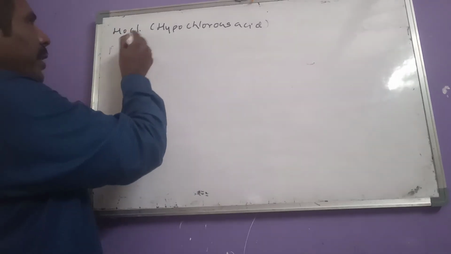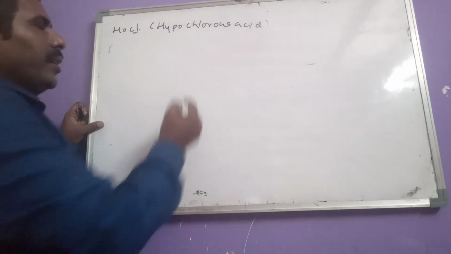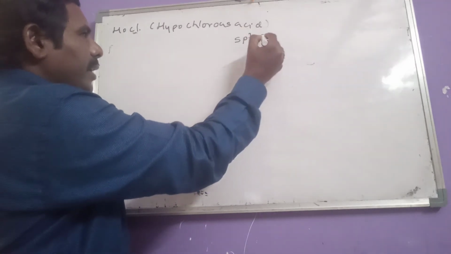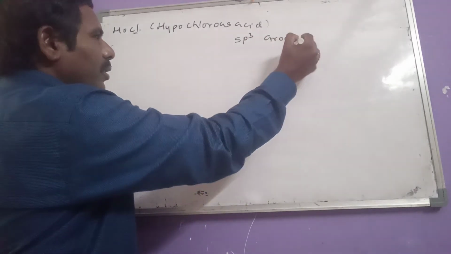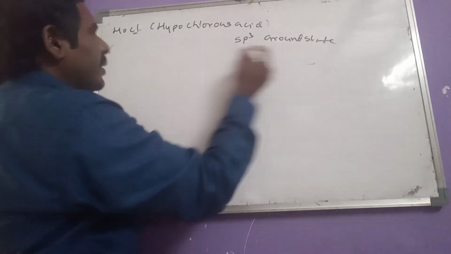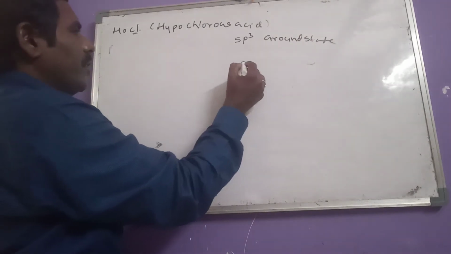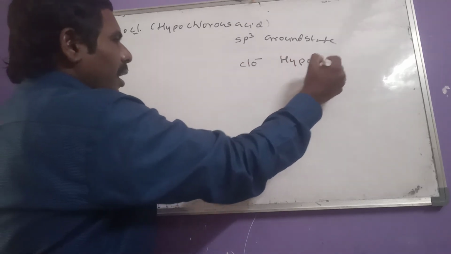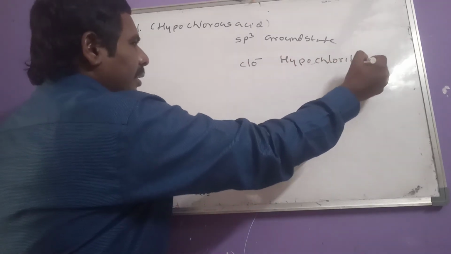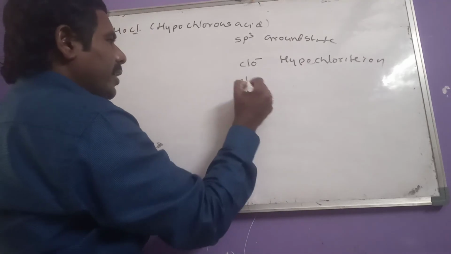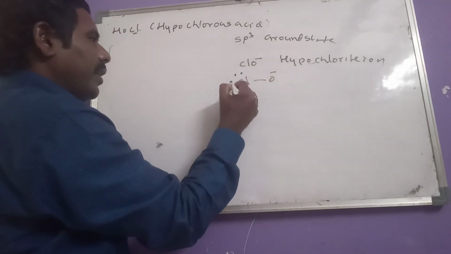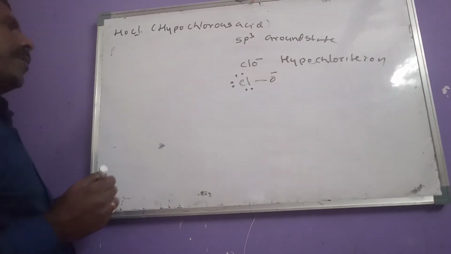What is the hybridization of chlorine? Chlorine undergoes sp3 hybridization in ground state, and this can be written as ClO minus, known as hypochlorite ion, and this has a linear structure and 3 lone pairs of electrons are present.